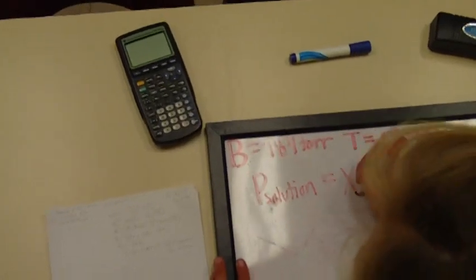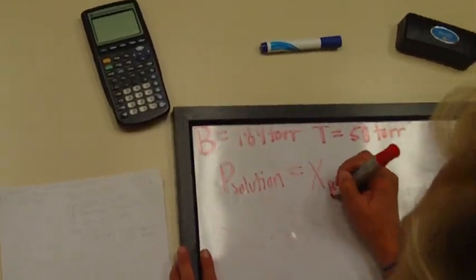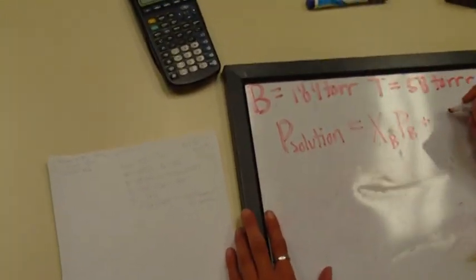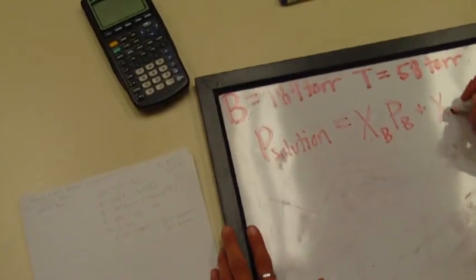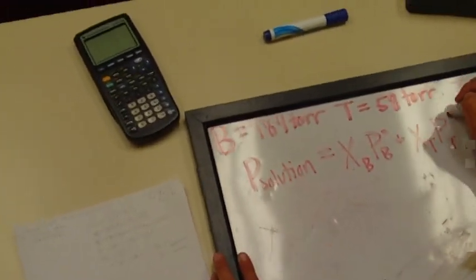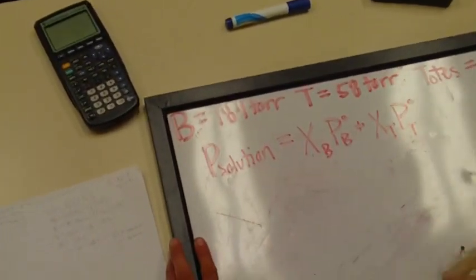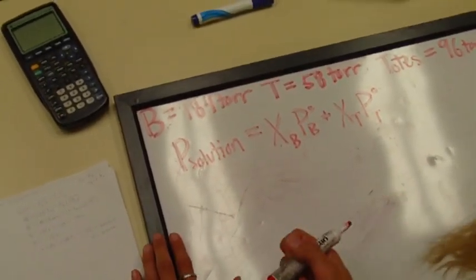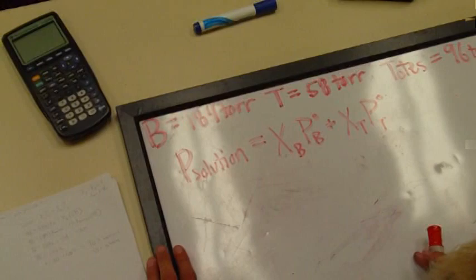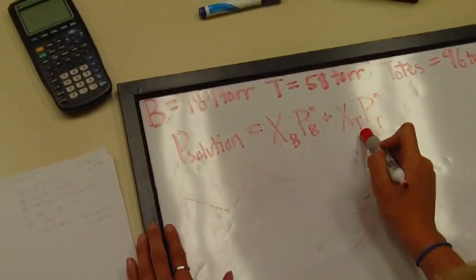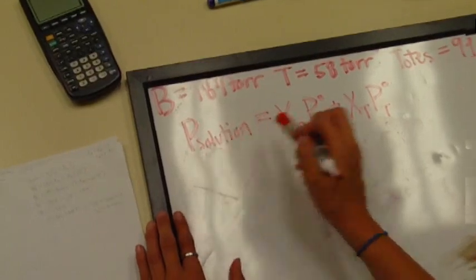So it's the mole fraction of benzene times the partial pressure of benzene added to the mole fraction of toluene times the partial pressure of toluene. So that's what we are going to be using. The only problem is that we don't know either of these mole fractions, but we know all of the pressures.